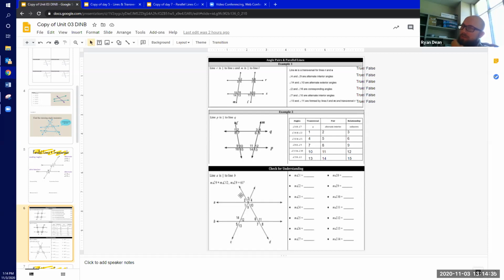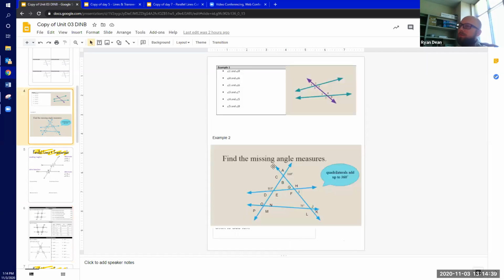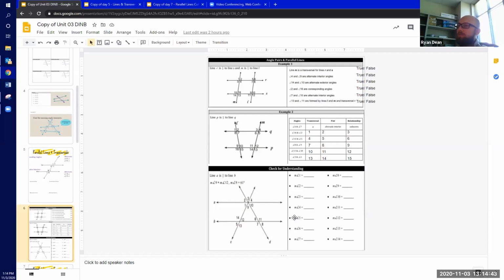So we're going to have pictures like this down here at the bottom. That's going to be really similar to what we just did up here at the top, except we're going to have more relationships to help us find some of these missing angles a little bit faster. That's the whole objective of this unit: to identify angle relationships and then fill in missing angles of a picture. If you have questions, leave them in the Google Classroom or send an email.